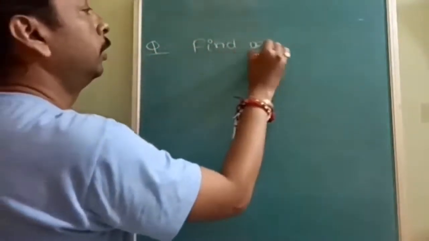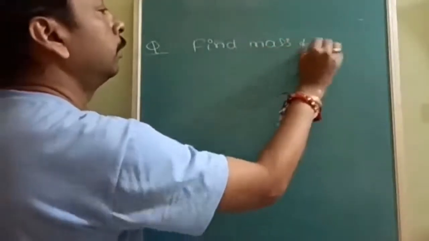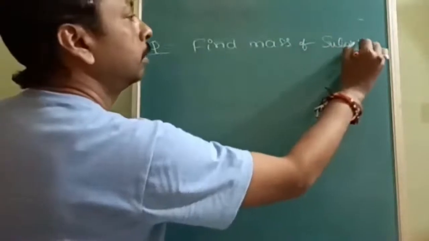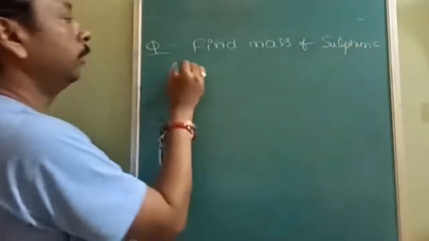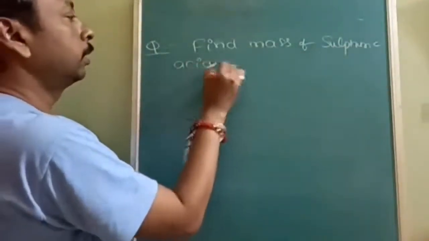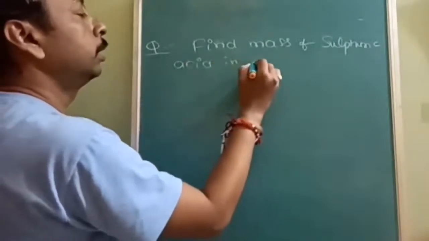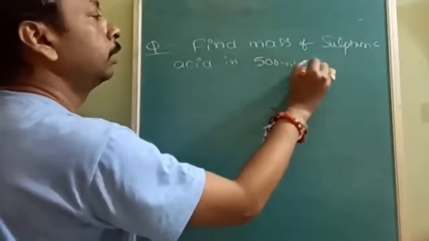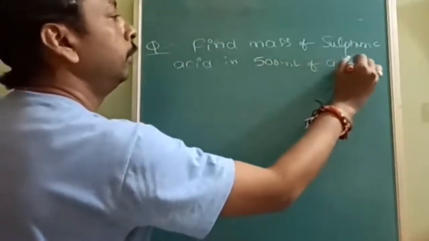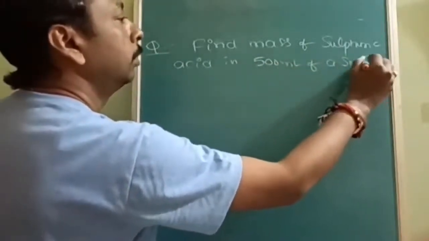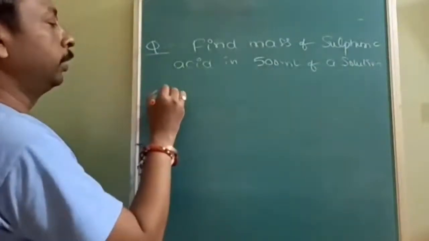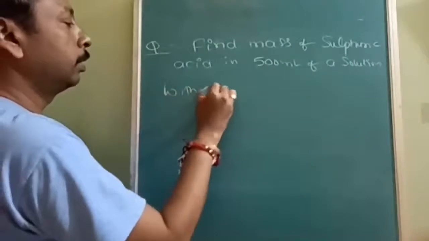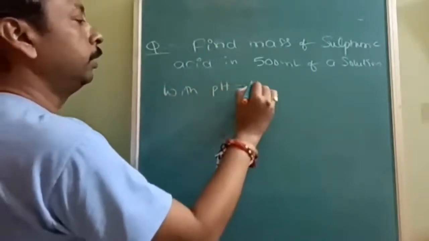Find mass of sulfuric acid in 500 ml of a solution, 500 ml of solution with pH is equal to 2.